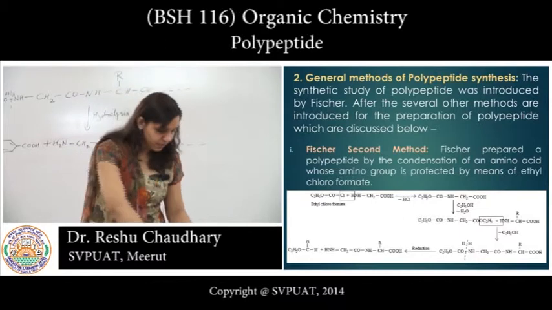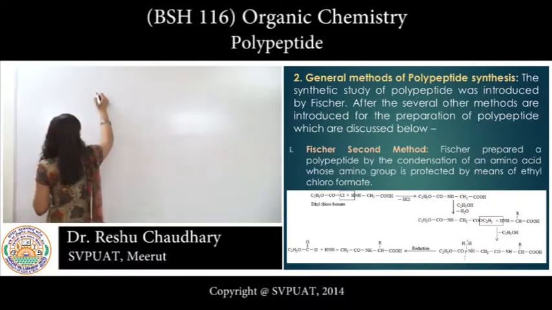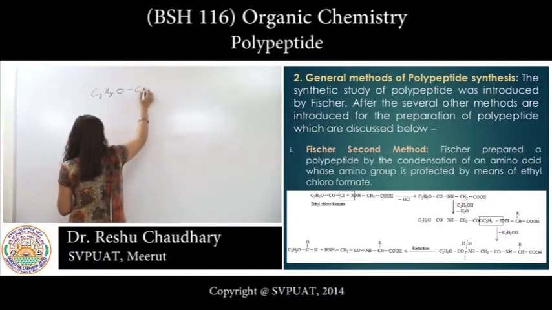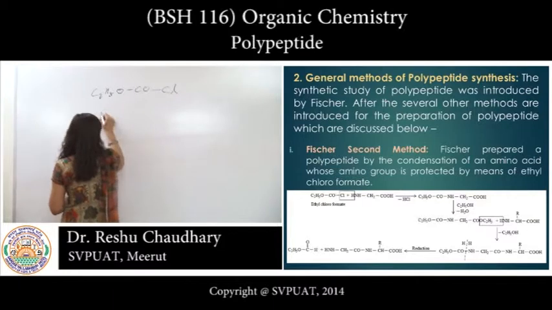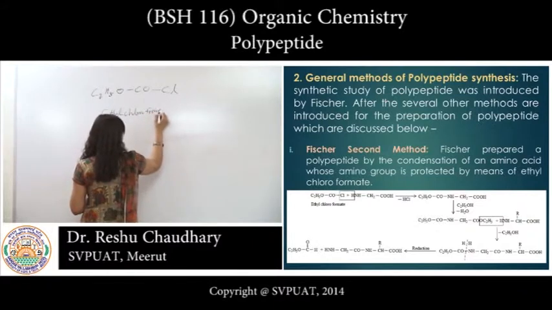And the reaction will be C2H5OCOCl. This is the formula of ethyl chloroformate.